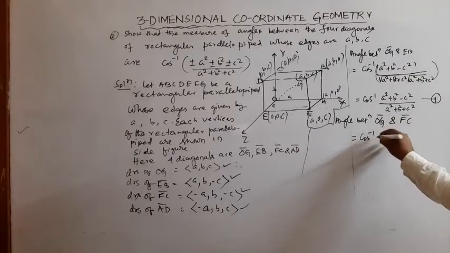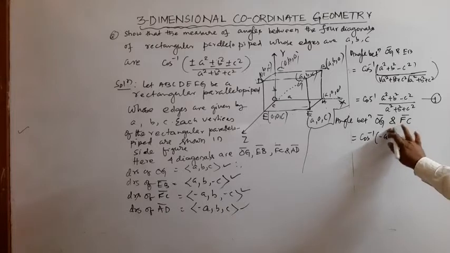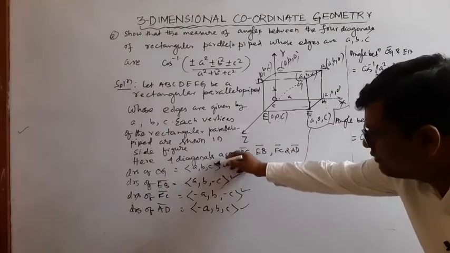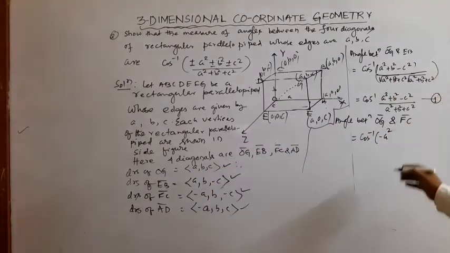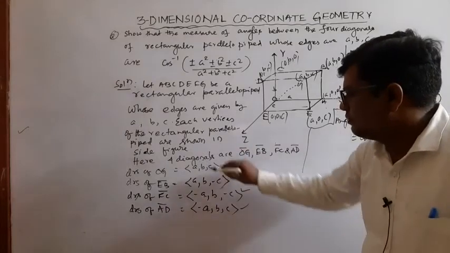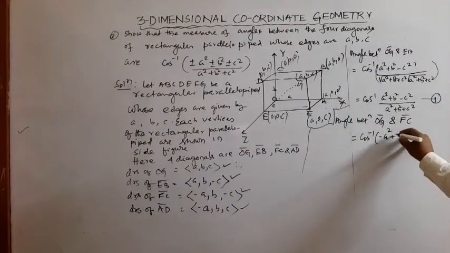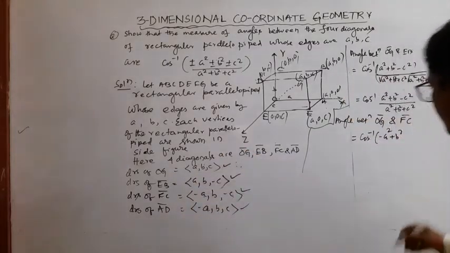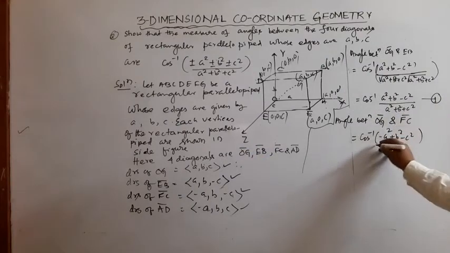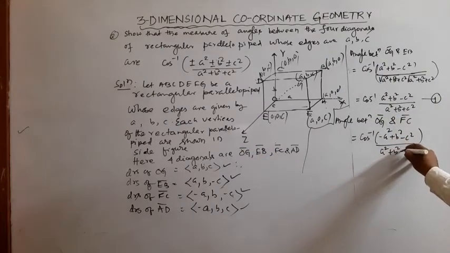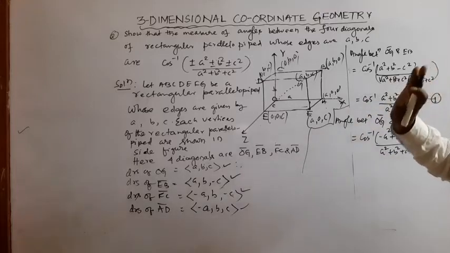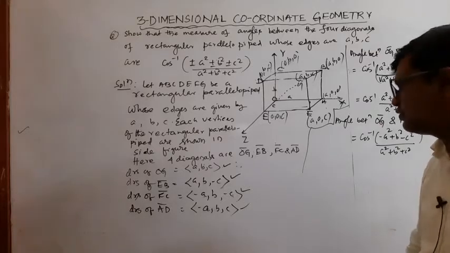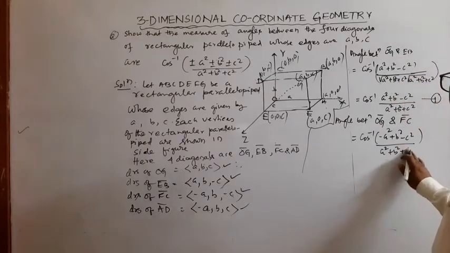Cos inverse of minus A square, and this is what? A into minus A, that is minus A square, plus B into B, that is B square, and minus C, C into minus C, minus C square. By the same thing here, A square plus B square plus C square, because the root cancels here: root of A square plus B square plus C square into root of A square plus B square plus C square is equal to A square plus B square plus C square.